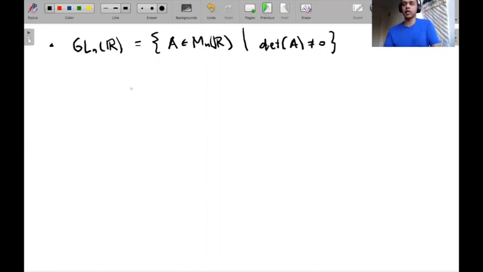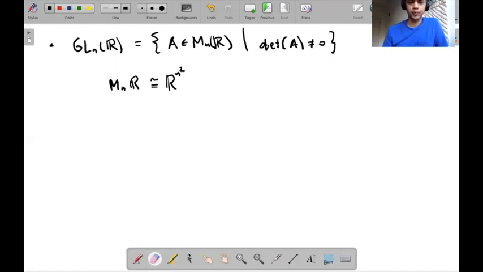So this is a group under multiplication of matrices, and it inherits a topology as a subspace of matrices. So this is like Euclidean space of dimension n squared. Sorry. So this is a topological group.